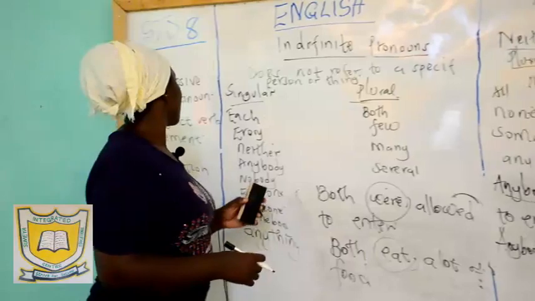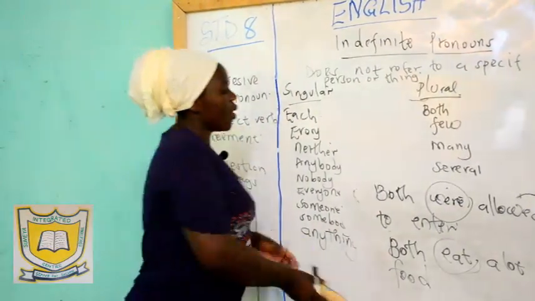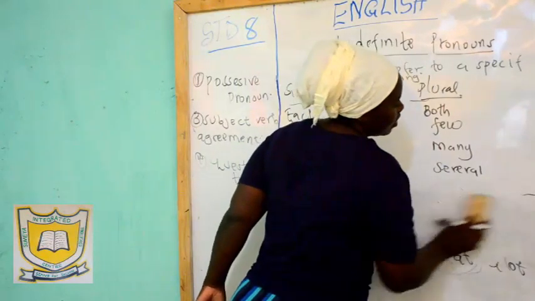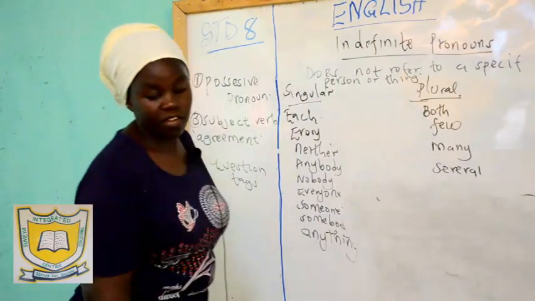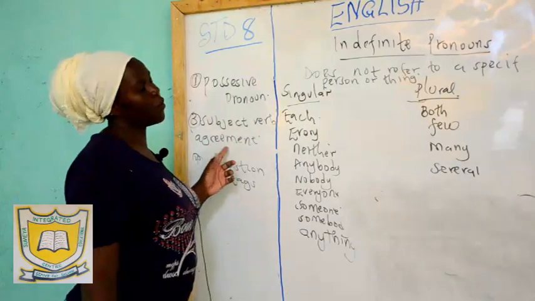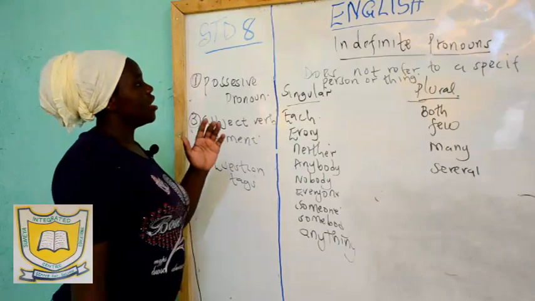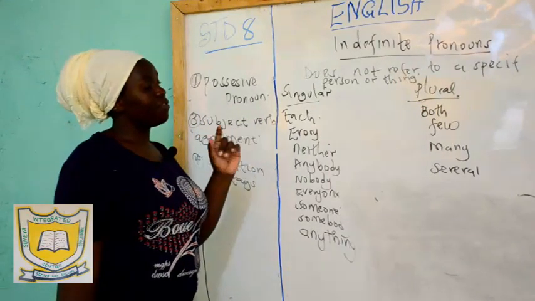And then we come to the last part, question tags. When indefinite pronouns have been used in a question tag, especially the singular indefinite pronouns, the question tag changes to the plural.